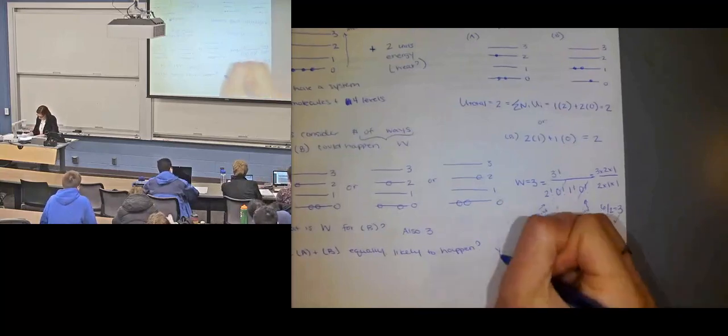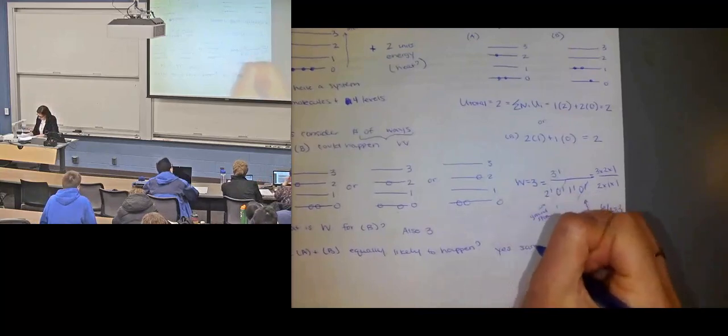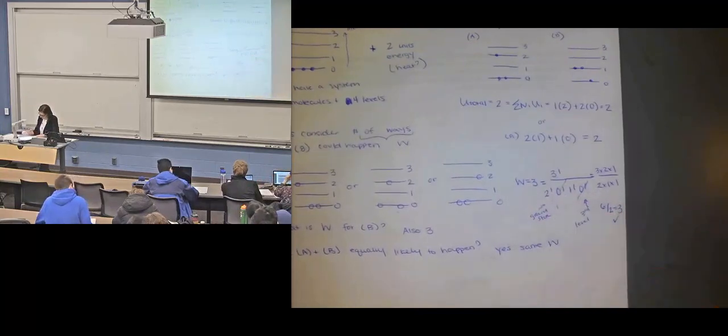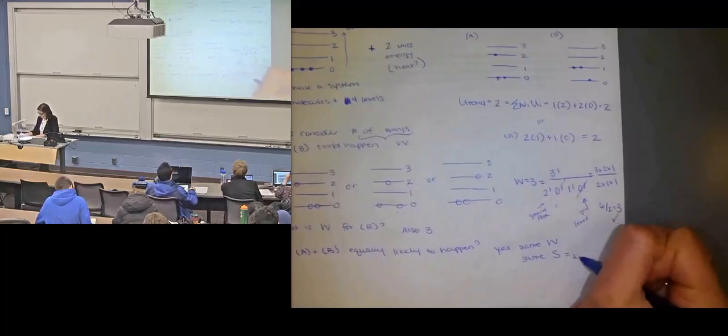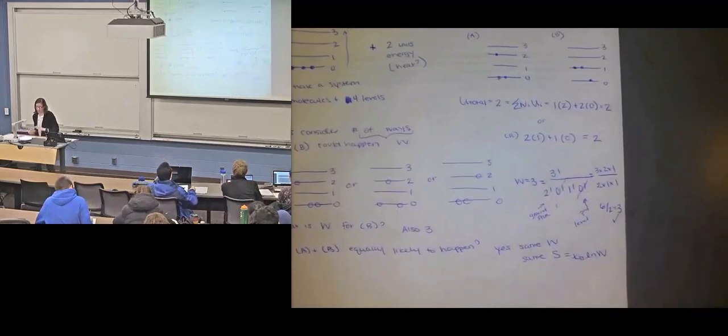Yes. These have the same multiplicity. These would have the same entropy by our statistical definition. They are equally likely, given that we're just trying to maximize multiplicity. As soon as we get into bigger systems, that stops really being a concern. Again, it'll always be obvious what we're moving towards.